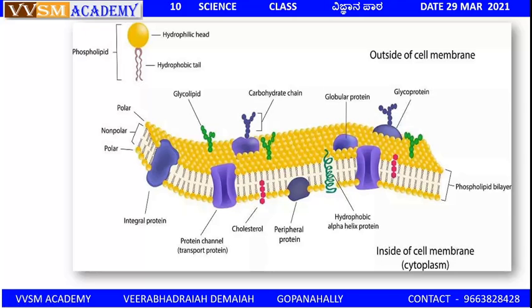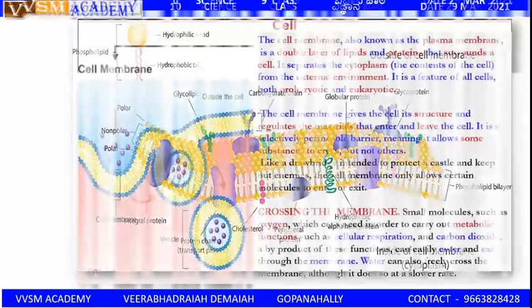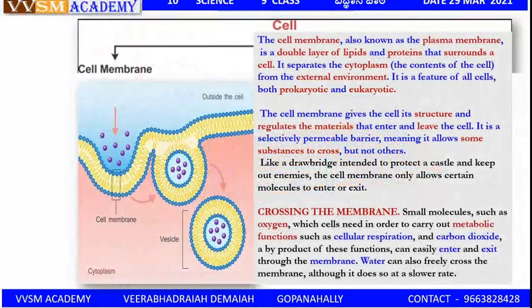If you observe the structure carefully, you can come across how the cell membrane functions. The cell membrane, also known as the plasma membrane, is a double layer of lipids and proteins that surrounds a cell. It separates the contents of the cell from the external environment.